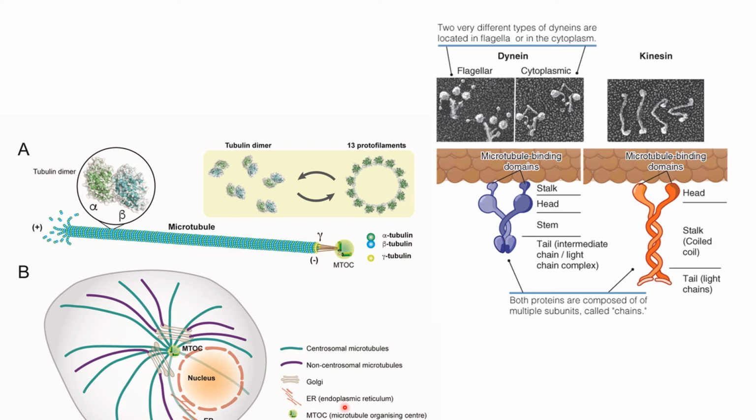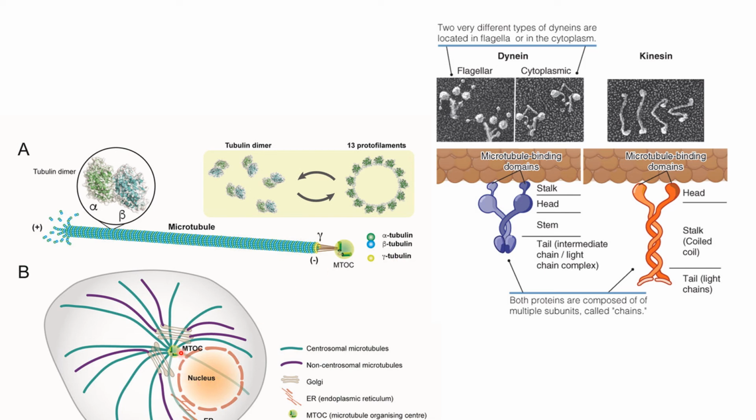They consist of alpha tubulin and beta tubulin, here in green and blue colors. These tubulins can grow at a certain rate, but to increase this rate, there is what's called the gamma tubulin. The gamma tubulin will form the centrosome, as you can see here.